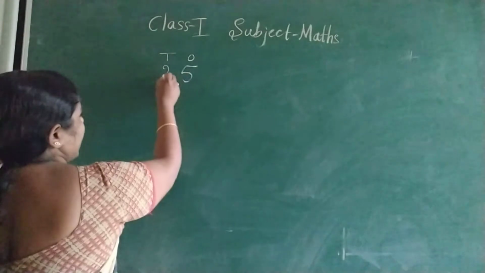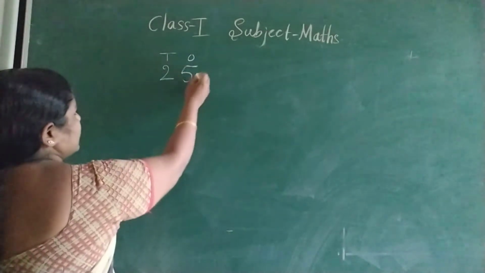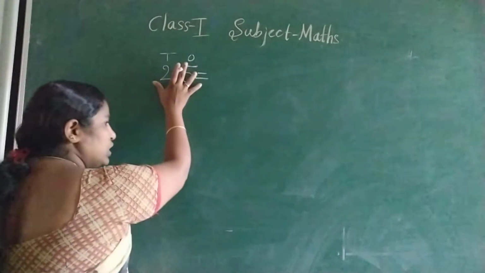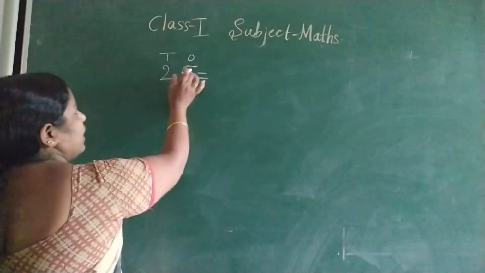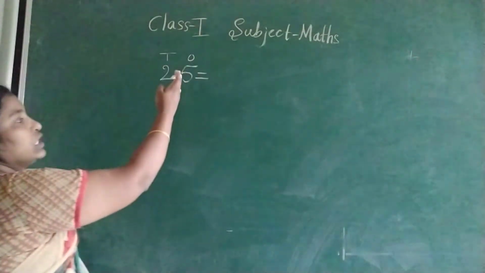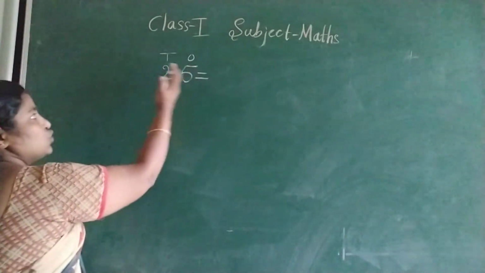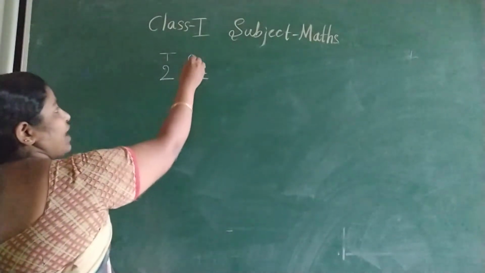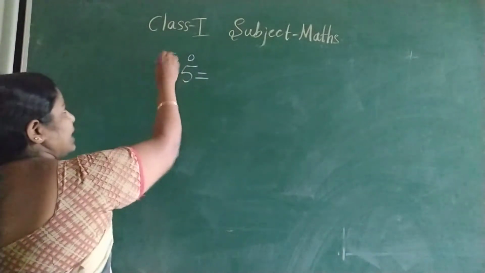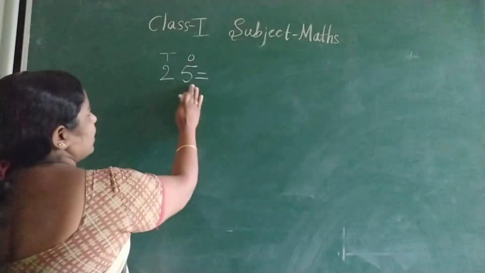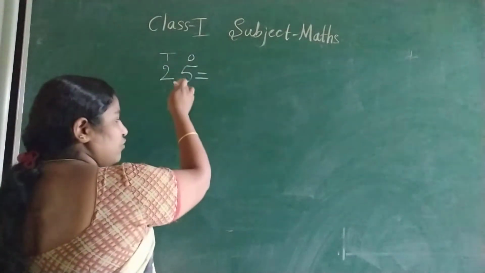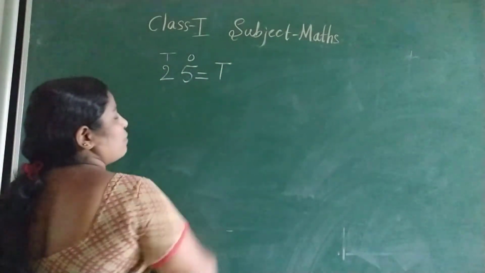What is the number name of it? This is a 2-digit number, 5 and 2. Always we read the places from right to left. So 5 is in ones place, 2 is in tens place. So write the number name of it. 25. First letter should be capital.